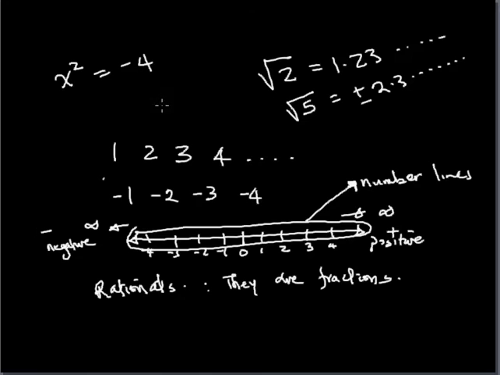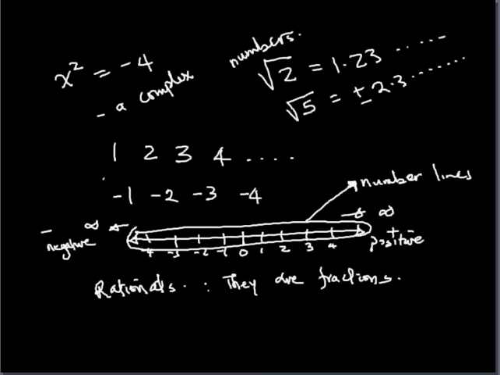Anything like that is called a complex number. You must be able to understand all these numbers for you to be able to do very well in mathematics.